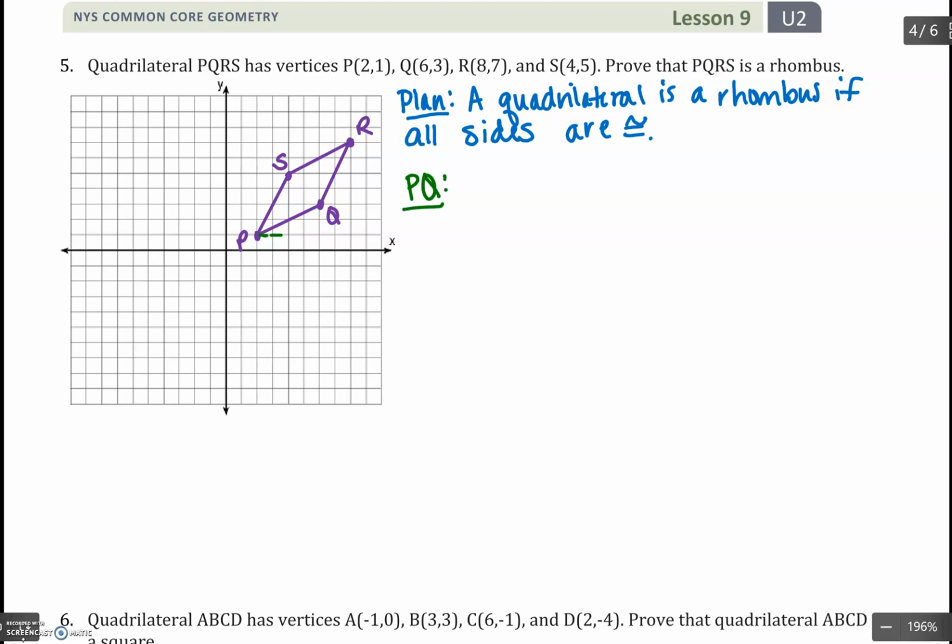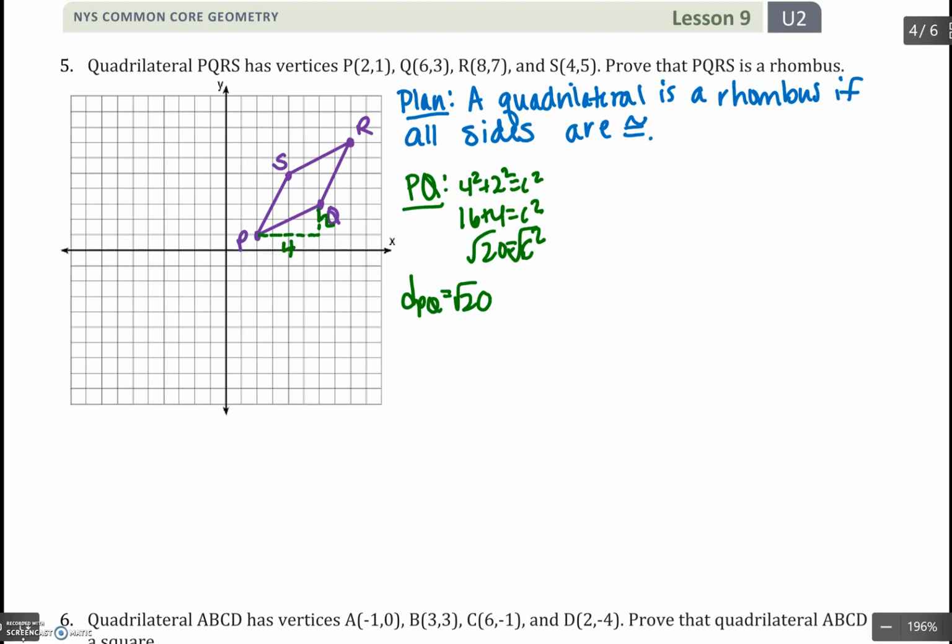So to get from P to Q, my Pythagorean theorem, 1, 2, 3. This is 4 units and this is 2 units. So 4 squared plus 2 squared equals C squared. And PQ is radical 20.